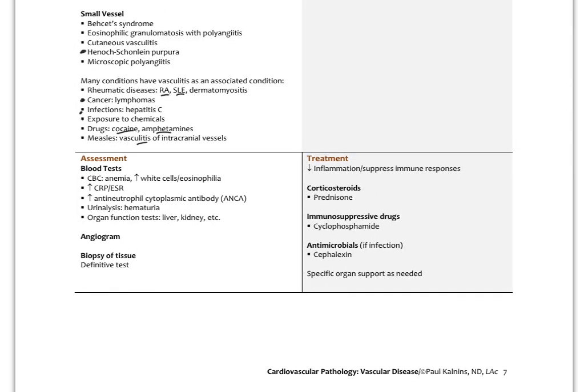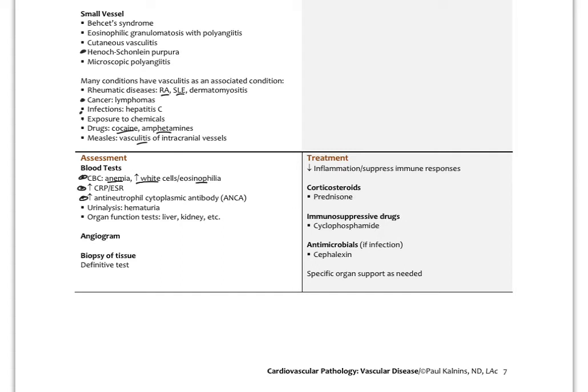The assessment, if you suspect a patient has vasculitis, is to essentially run some typical blood tests. So we'd run a CBC, looking for any anemia, any elevations of white cell counts, especially eosinophils, looking at the inflammatory markers, C-reactive protein or ESR, and then there are specific antibody tests.